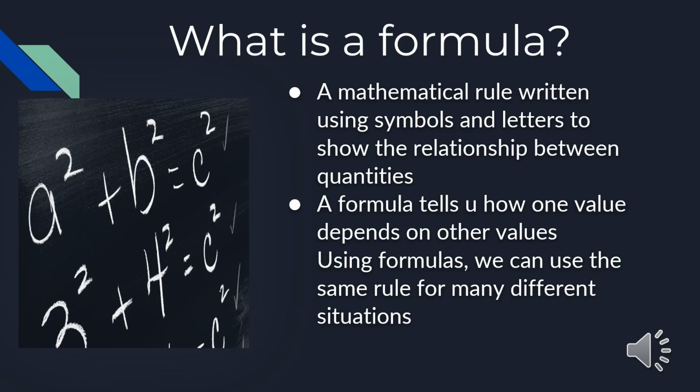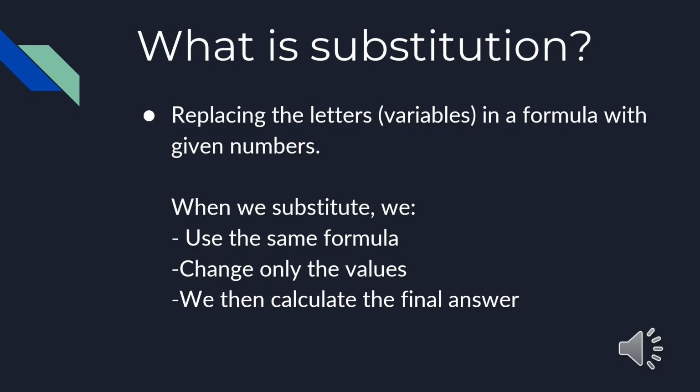You see how this tells us what we need to do in order to find an answer. It's simply a rule that tells us how to calculate area. So you now understand what a formula is.